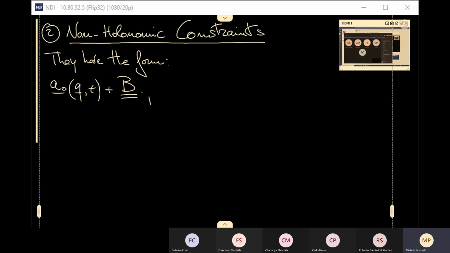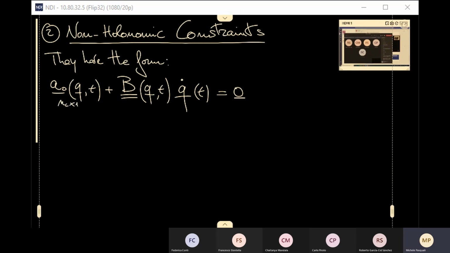So B is a matrix depending, of course, also on Q and T, which is applied over a vector Q dot equal to 0, where this is a vector nc times 1.